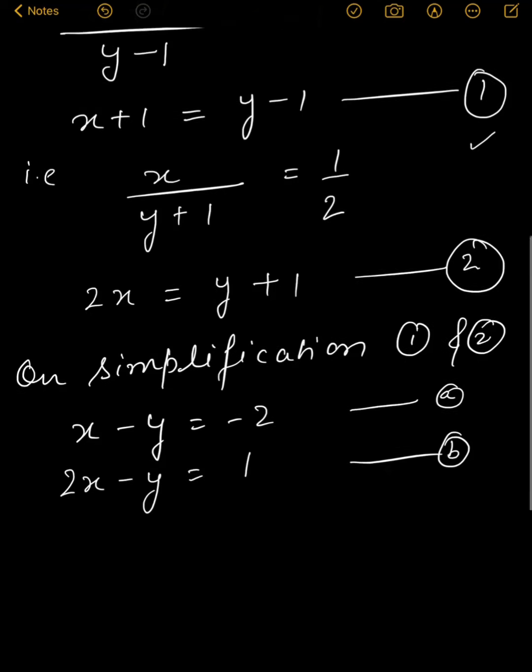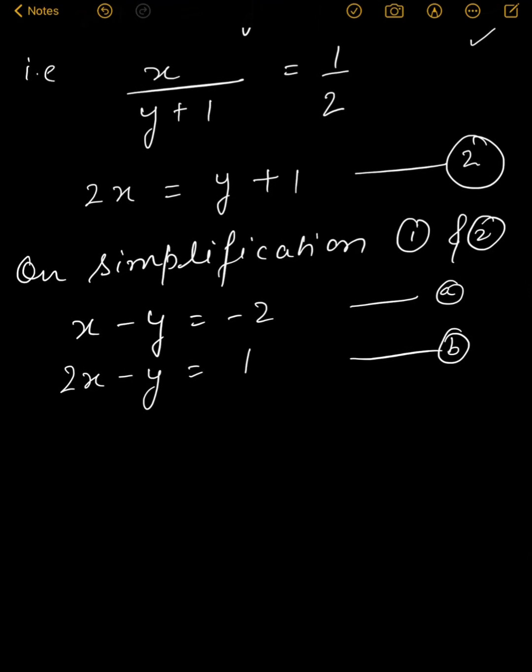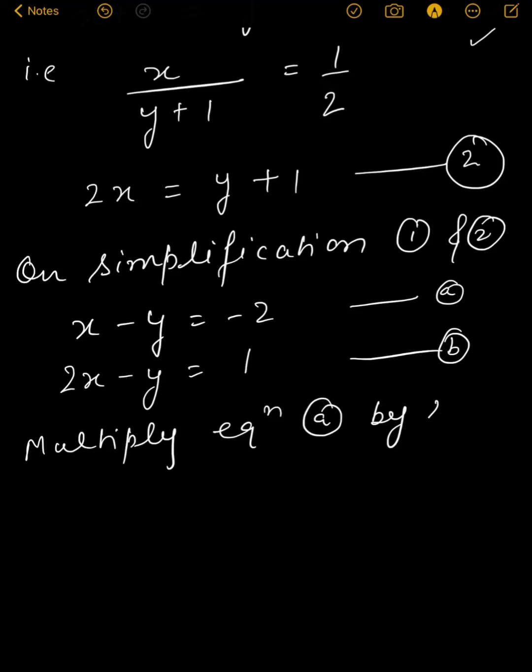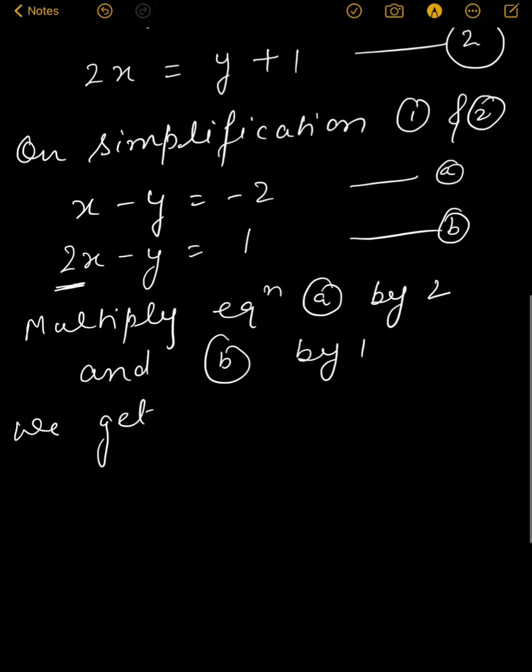So multiply equation A by 2. If you want, you can also write it like this. Multiply equation A by 2, that is the coefficient of x in equation B, and equation B by 1.